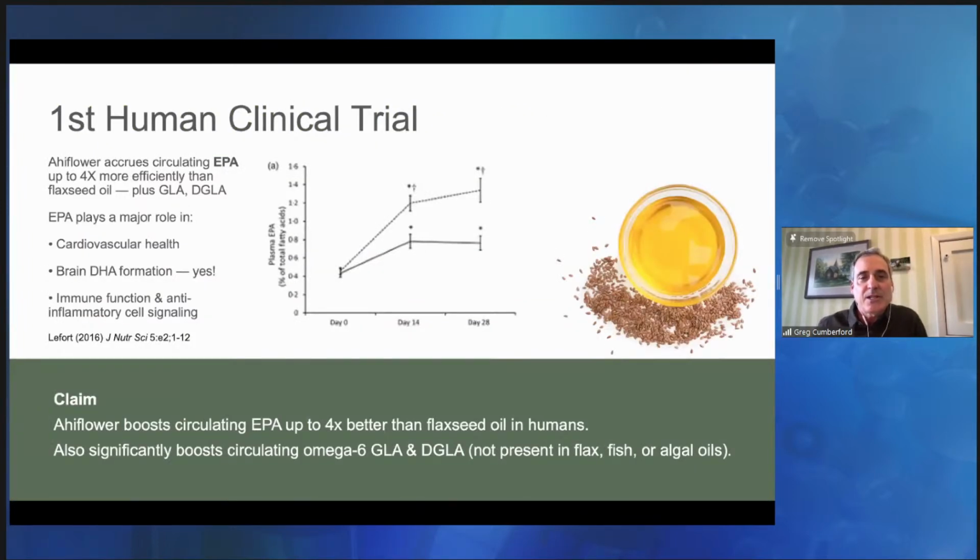The first human clinical trial, as I alluded to earlier, showed that dietary ahi flower oil increases circulating EPA in 4 different circulating cells, up to about 4 times more than dietary flaxseed oil. That's important for a lot of functions, including cardiovascular and even brain DHA formation.